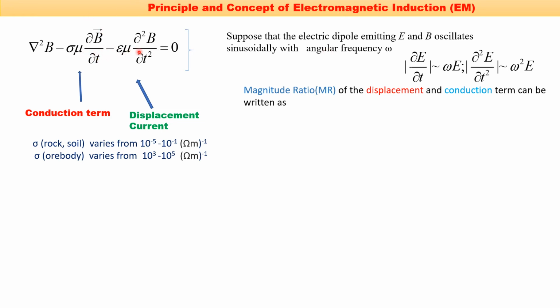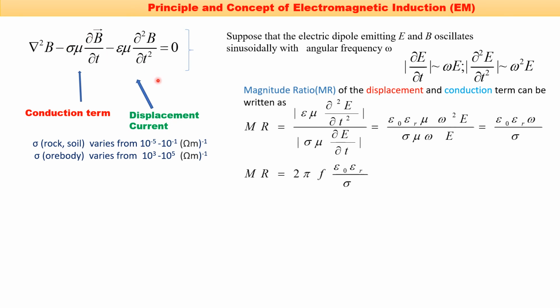For a non-conducting medium this term was not present, but for a conducting medium this term is present and will be more dominant. If we replace the values of the partial derivatives, del 2 by del t square and del by del t, we find that the magnitude ratio is proportional to the frequency and permittivity, and inversely proportional to the conductivity.